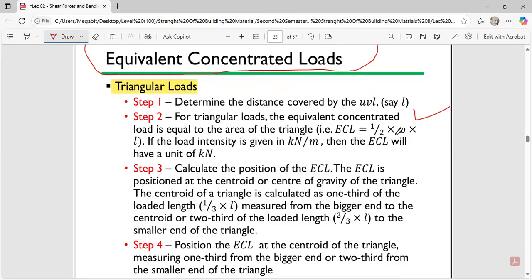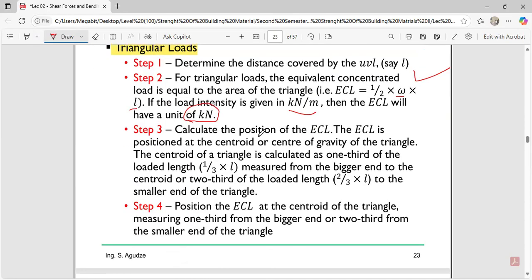So relating it to our course, half times W times the span. If the load intensity is given in kilonewton per meter, then the ECL will have a unit of kilonewton. The main purpose of our calculation of ECL is to convert the distributed load into kilonewton, as we discussed earlier.